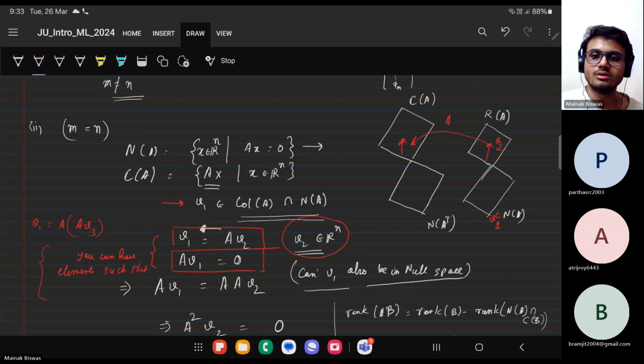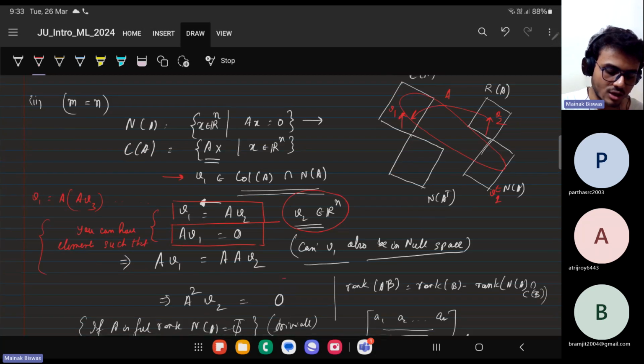Yes or no? I'll get something in the column space. When I multiply V2, which is not in the column space, by A, I get V1. If it is already in the column space, there is no answer, only 0 can be there. So ideally speaking, your column space and your null space can be linked with one another, but they need not have common elements. That's why we were not able to find a closed form of the common elements here.